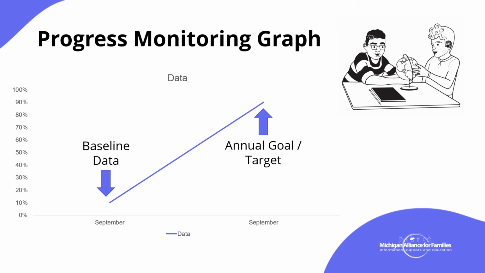How the goal is written to be measured is how you want your baseline data captured. So there may need to be a point where, as a team, you decide we need to pause and not finalize the IEP, not start the program yet until we have baseline data that is measured the way the goal is written to be measured, so that you are comparing apples to apples as you are getting progress reports and when we're looking at the goal.